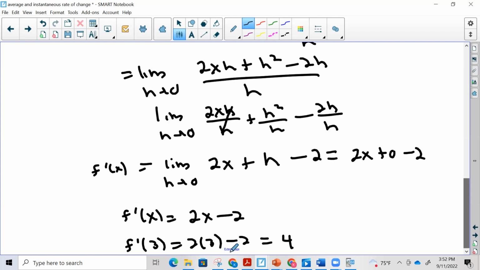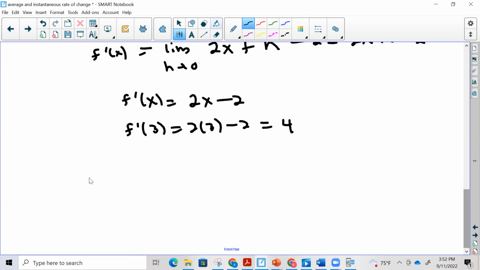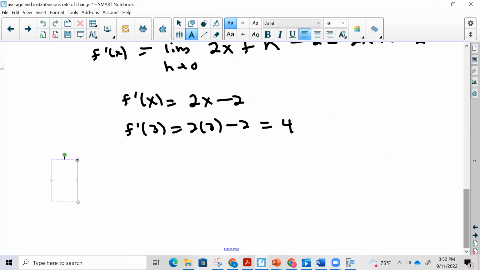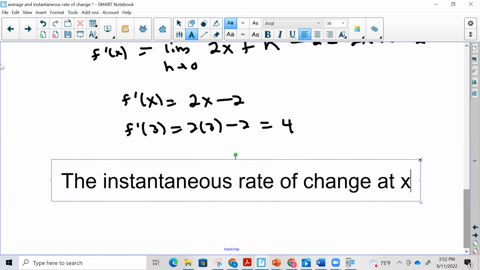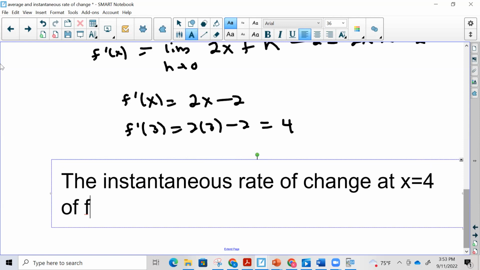So we found that the instantaneous rate of change of f of x at x equals 3 is 4. Okay, and again, it's like the slope of the tangent line at x equals 3 is 4.